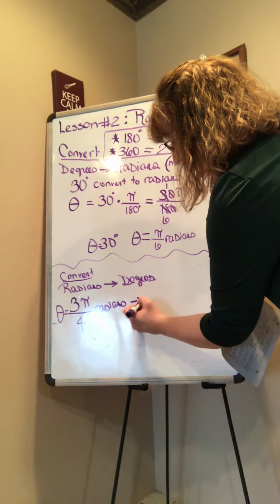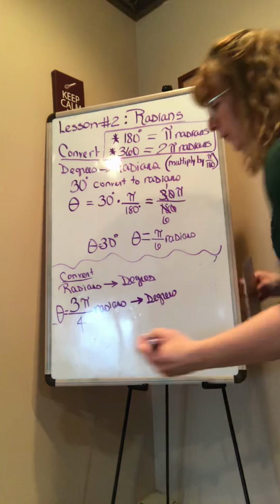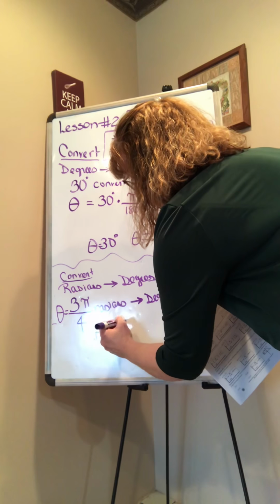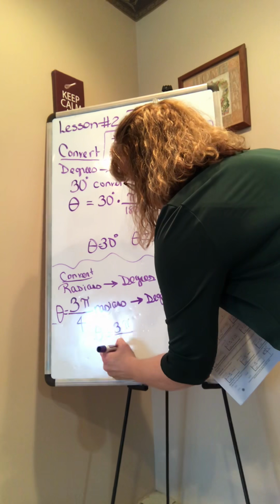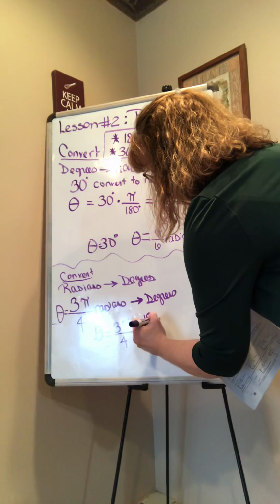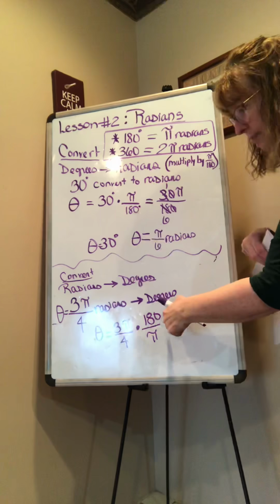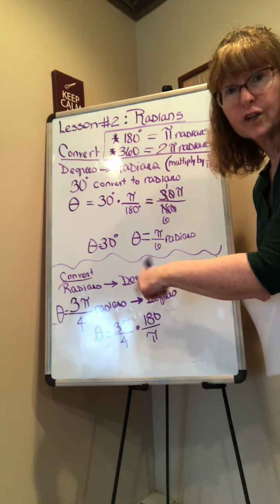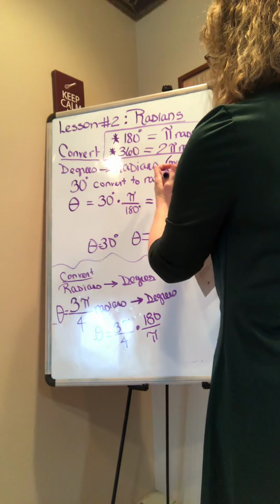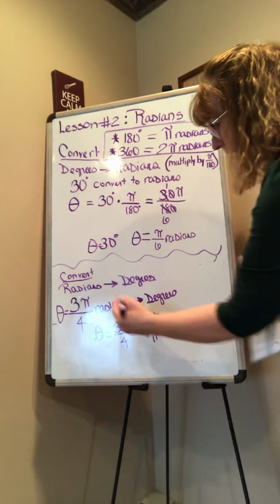So I'm going to multiply it by 180 over pi. It's the complete opposite, the multiplicative inverse, because I'm going back and forth. Degrees to radians, and then radians to degrees. I flip this over. Now look at what happens.